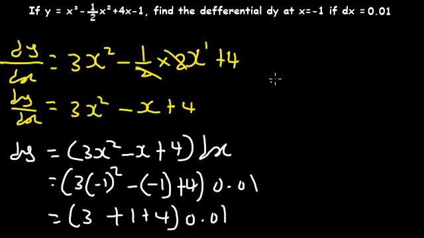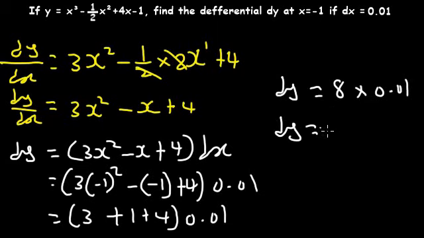Adding all these values within the parentheses, dy becomes 8 multiplied by 0.01. And therefore, the product results in 0.08. This is how much y will change if x changes by 0.01. And that is the solution to example number 2.